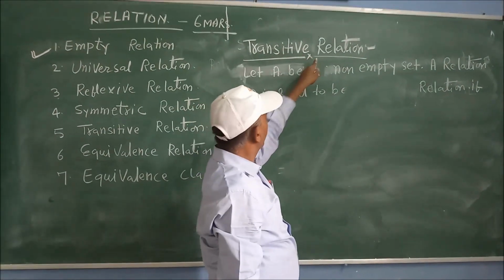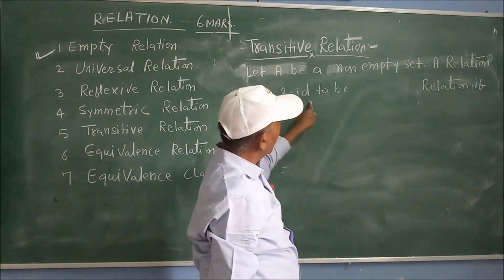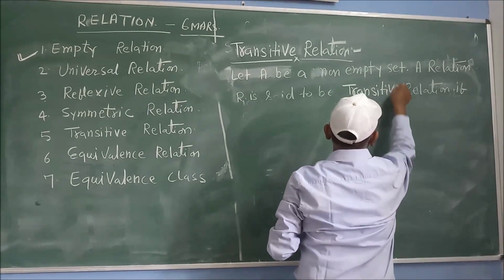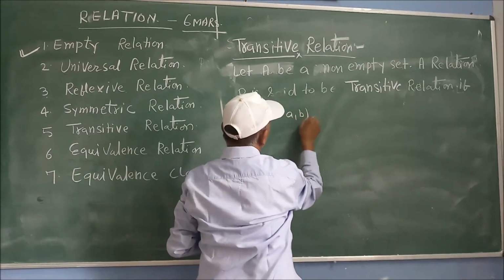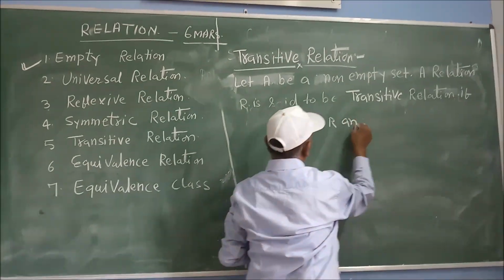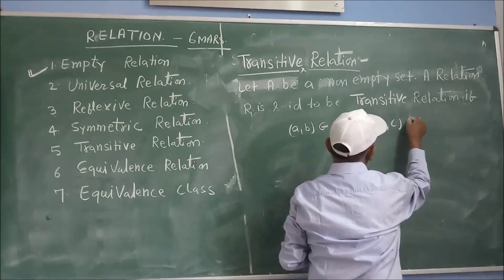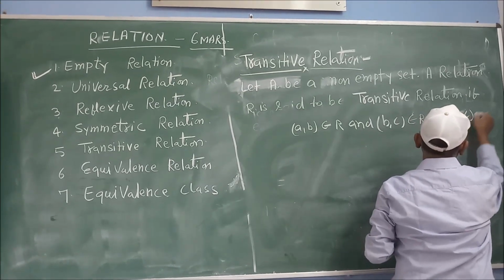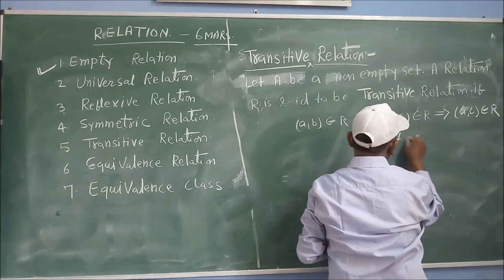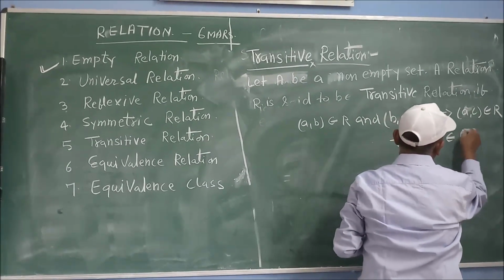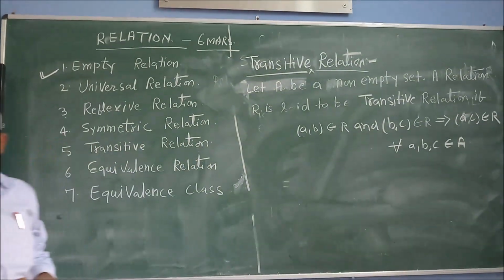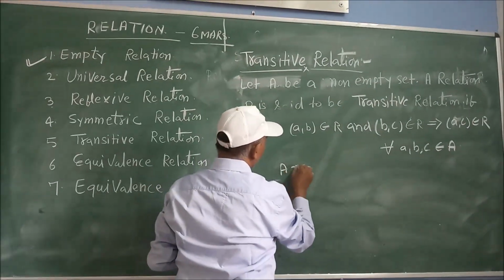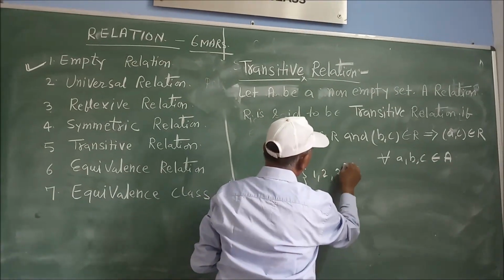Third is transitive relation. Let A be a non-empty set. A relation R is said to be a transitive relation if (a, b) belongs to R and (b, c) belongs to R implies (a, c) belongs to R for all a, b, c belongs to A. See here, A is a set and its elements are 1, 2, 3.